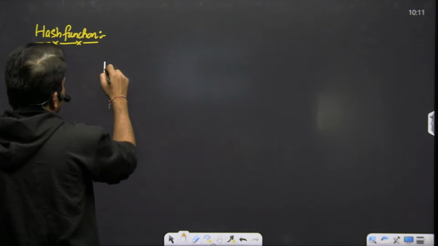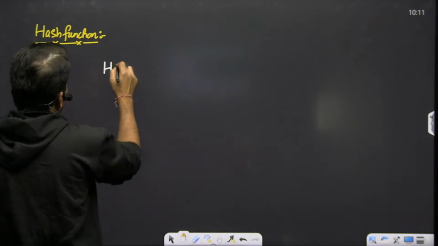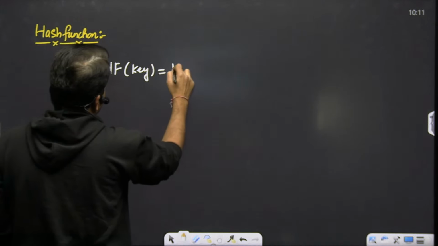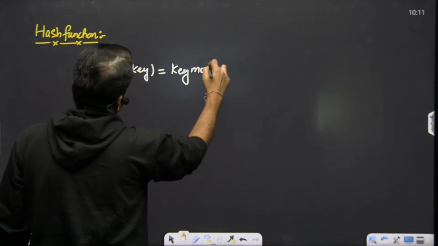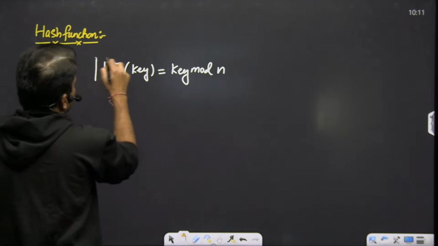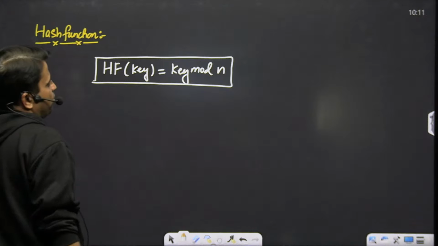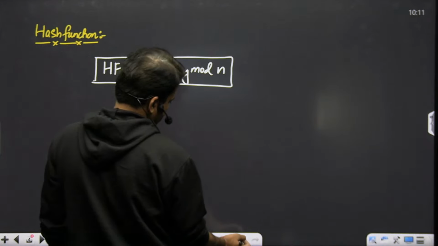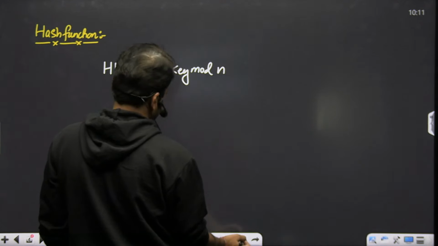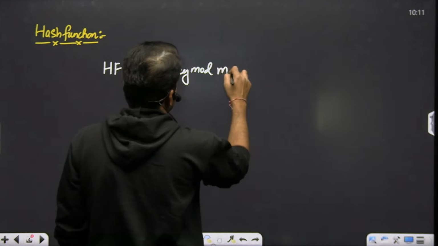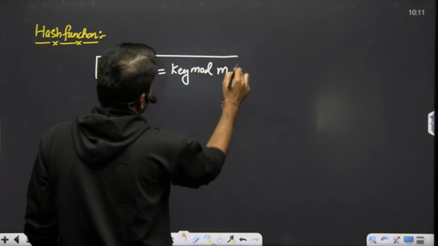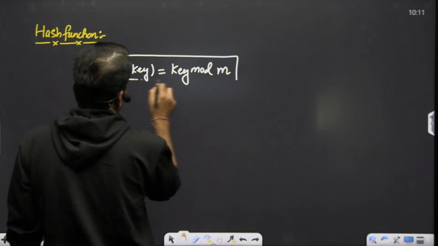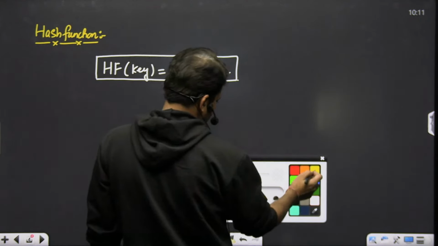For example, one of the popular hash functions is the division modulo method. The hash function takes input as a key and computes key mod m, where m is the size of the hash table.